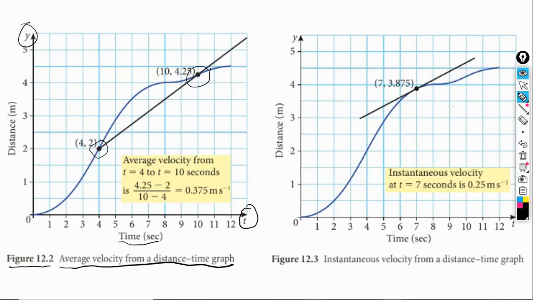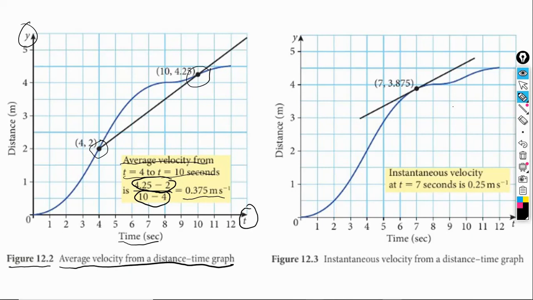Then we can find an average velocity, because velocity is difference in distance divided by difference in time. So the average velocity from t equals 4 to t equals 10 seconds would equal the difference in distance over the difference in time. We subtract those and divide and get 0.375 meters per second. So this is a fairly simple operation.